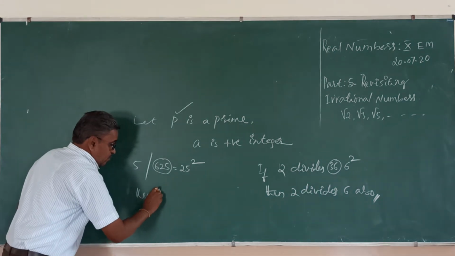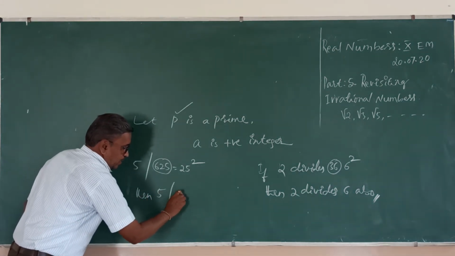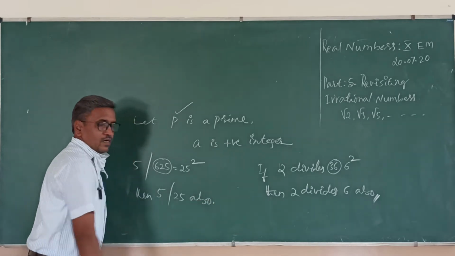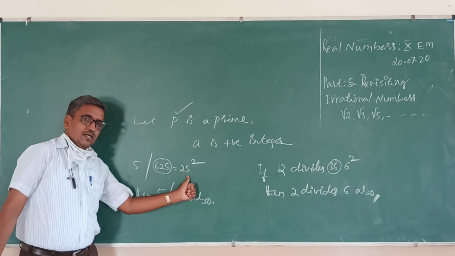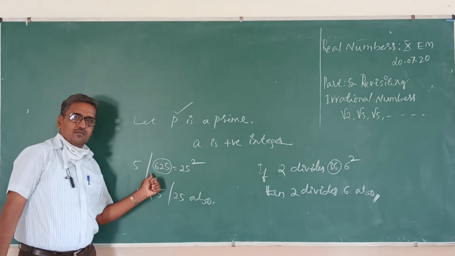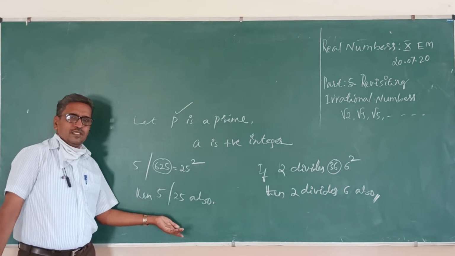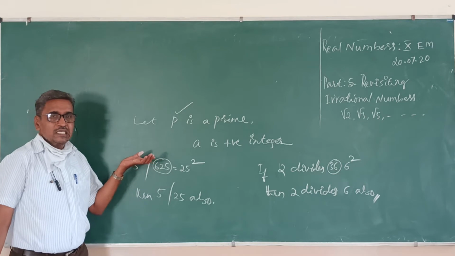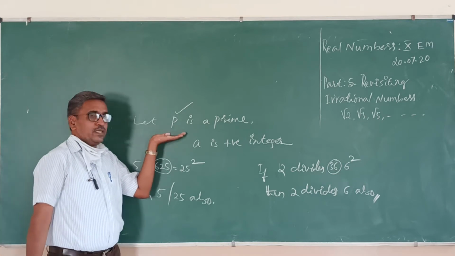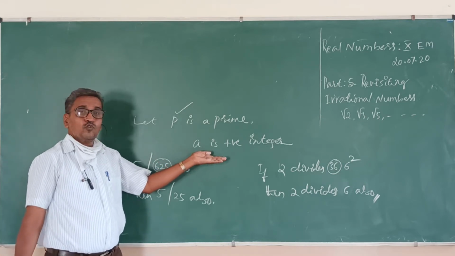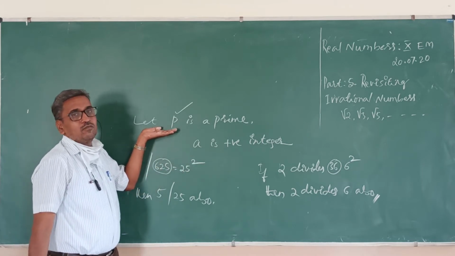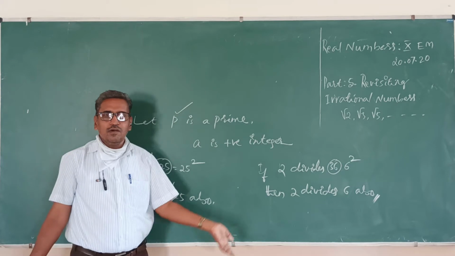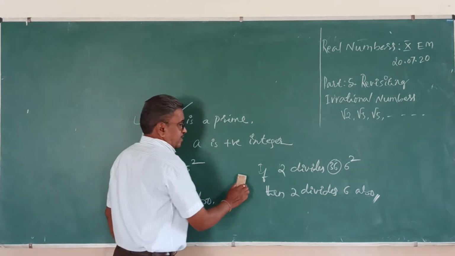Then 5 divides 25 also. 5 is a prime number. 5 divides 25 square, so 5 divides 25. It is a very simple, easily understandable theorem: when p is a prime number and a is a positive integer, if p divides a square, then p divides a. You can take many examples.